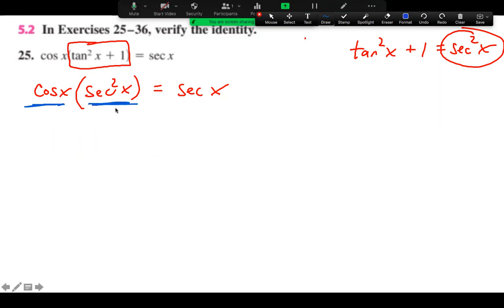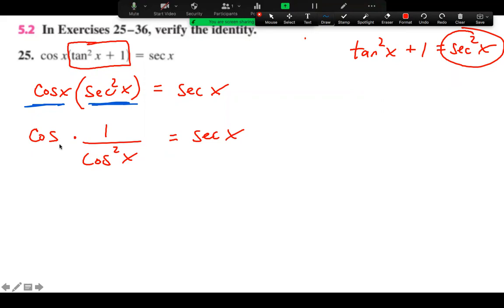Remember, secant is 1 over cosine. So I'm going to rewrite my cosine x, and I'm going to multiply and change secant squared into 1 over cosine squared. That's a fair trade, or an even exchange. That has to ultimately look like secant x.